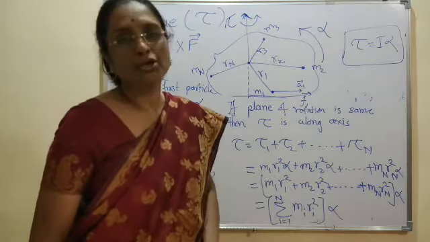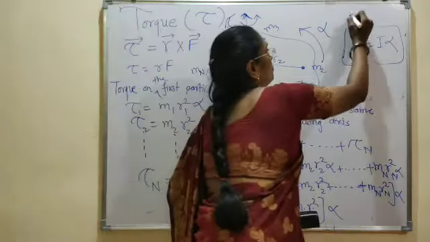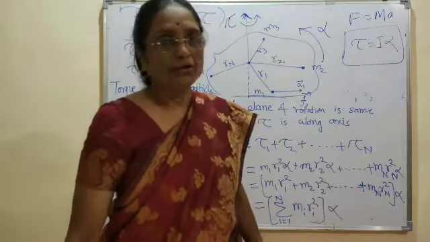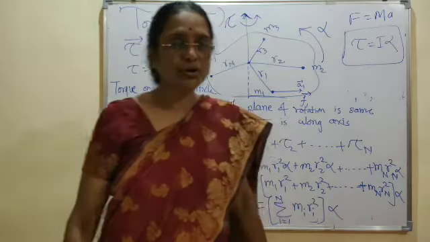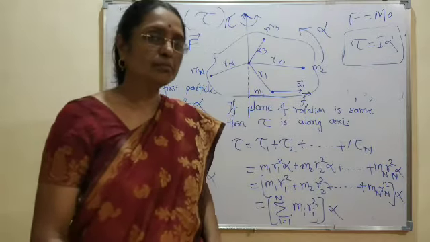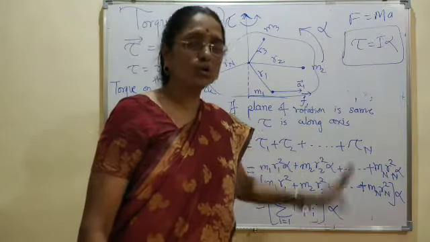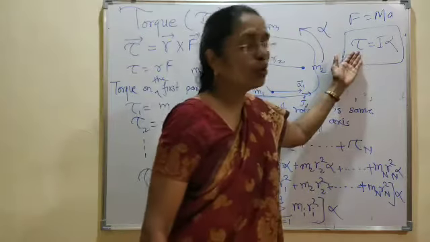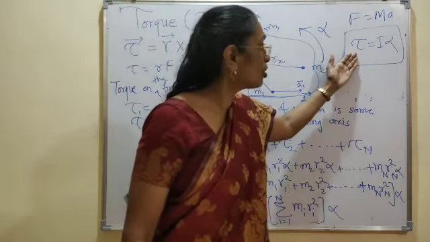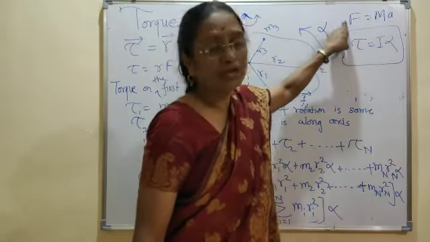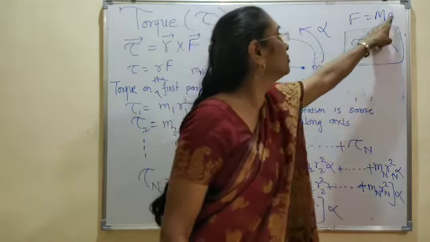So this expression is also analogous to the force equation, F is equal to m into a. Each new quantity we derive, we discuss, and it is analogous to some linear quantity. In this case, the torque acting on the body is I alpha, while the force acting on the body is F equal to ma.